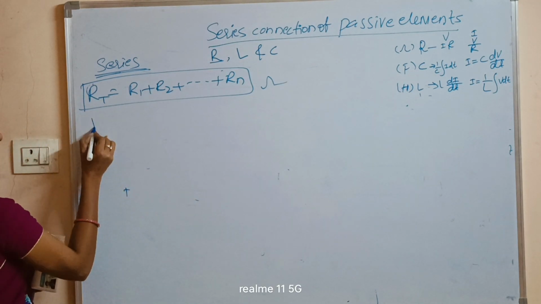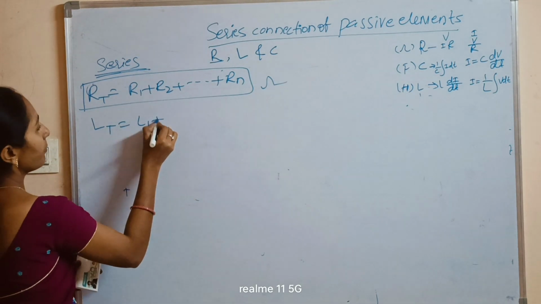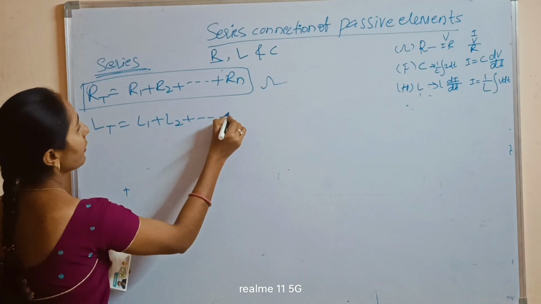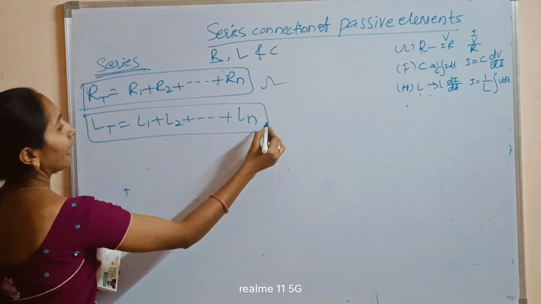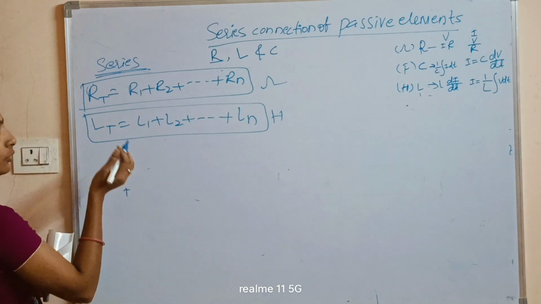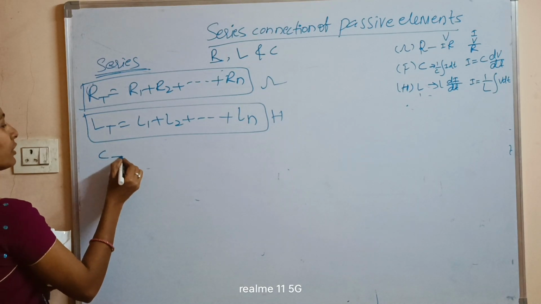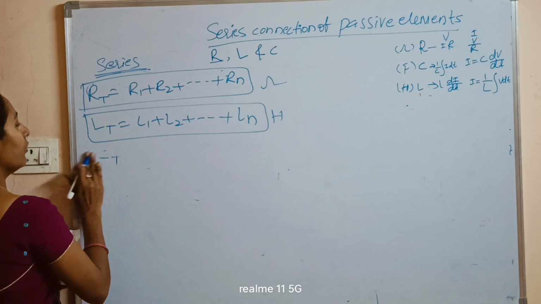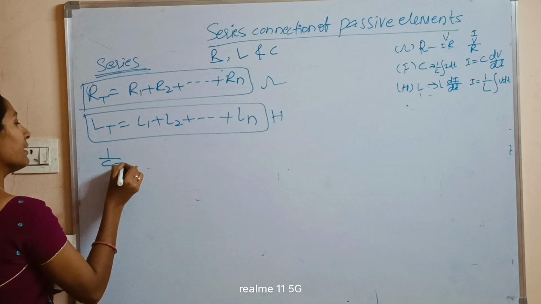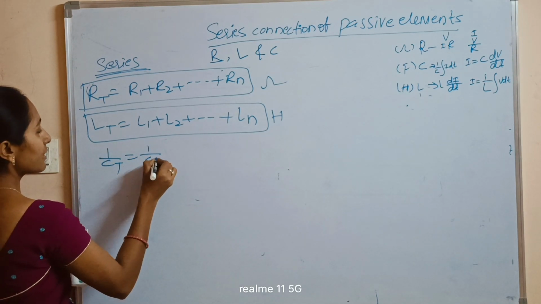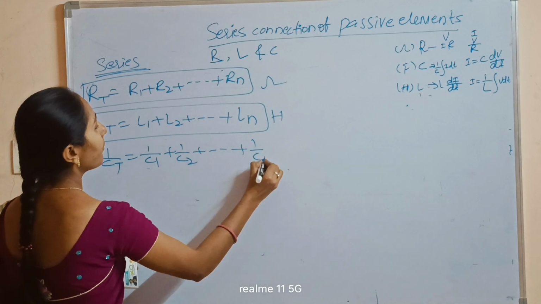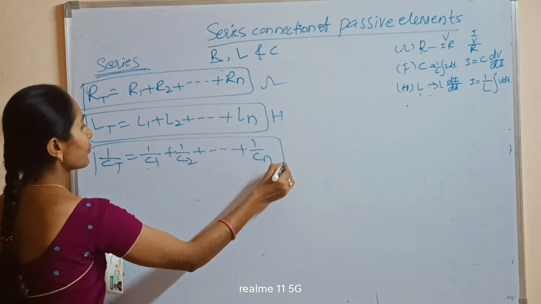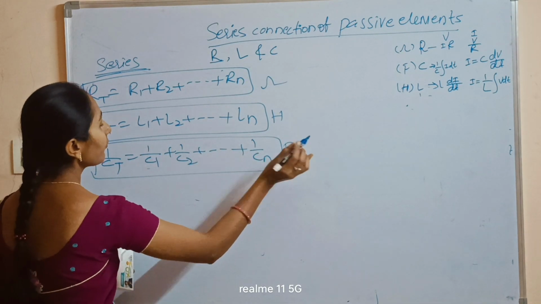Then coming to inductor, L total equals L1 plus L2 plus so on plus Ln, in terms of henries. Coming to capacitor, 1 by C total is 1 by C1 plus 1 by C2 plus so on plus 1 by Cn, in terms of farads.